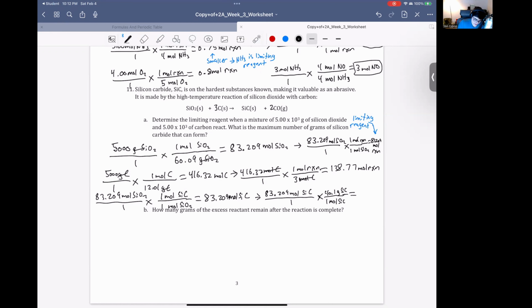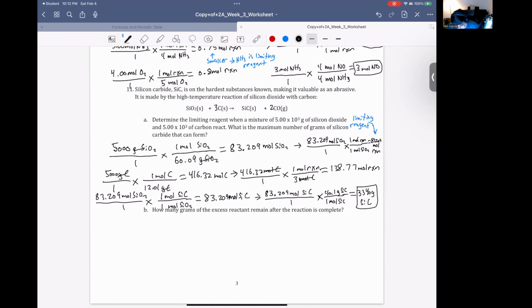Sorry, so 83.209 times 40.1. We end up with 3,300. We're going to use 3 sig figs here. So 3,340 grams of silicon carbide. Okay, and that is your answer.